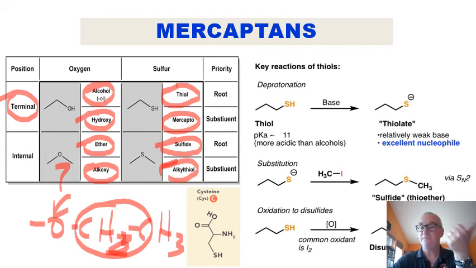Now, the main difference between the oxygens and the sulfur is that since sulfur has a larger electron cloud that's more easily polarizable, it's a little more active than oxygen. So if you have this group at the end, it's a lot more acidic than alcohols are. Alcohols almost never deprotonate.